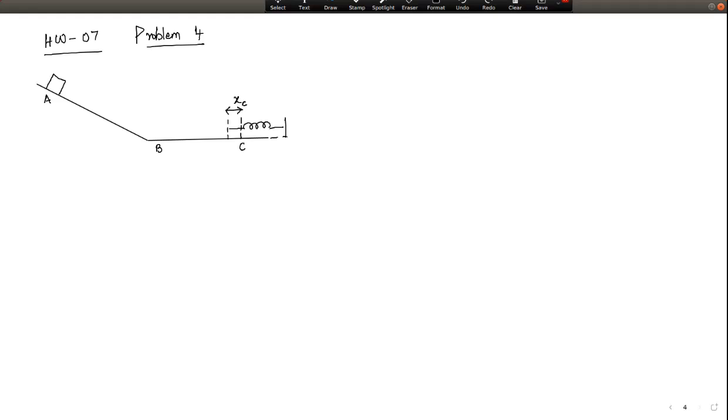We should first identify the forces and make sure if mechanical energy is indeed conserved or not. We have mass times acceleration is equal to m g, which is the gravitational force acting, and a force due to the spring.